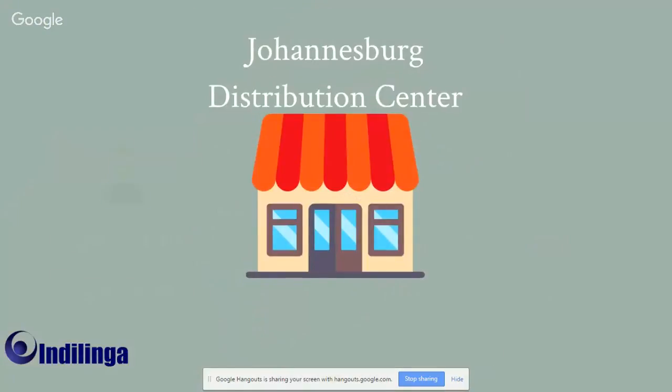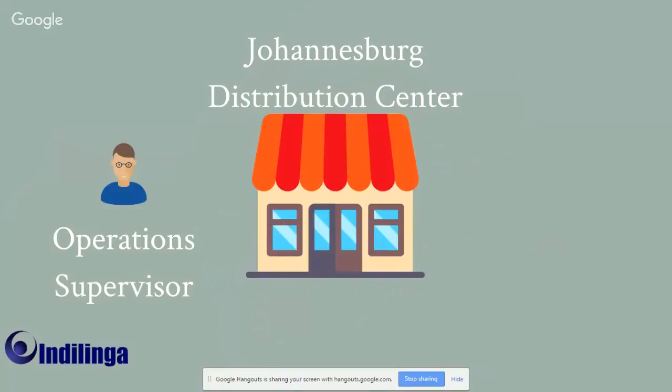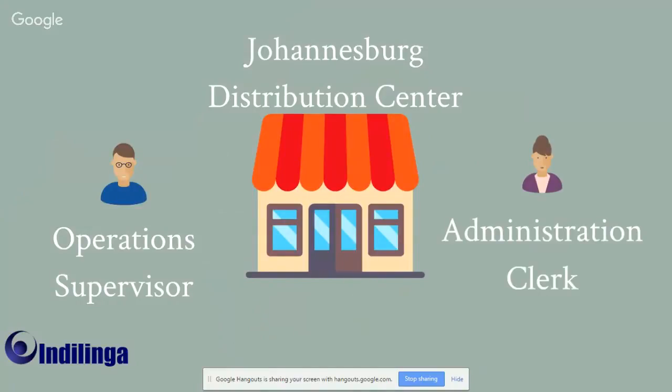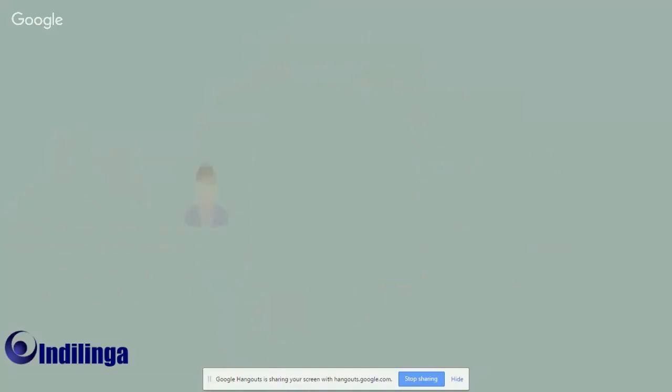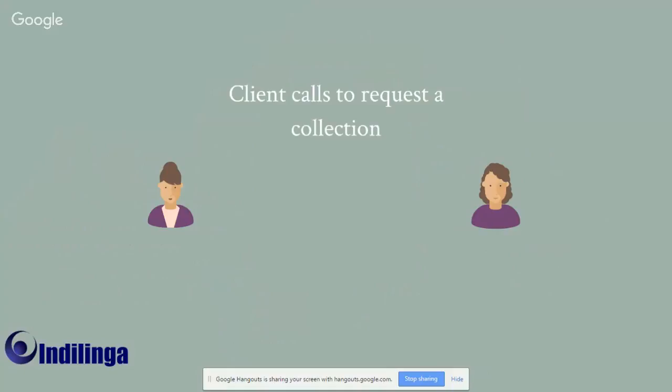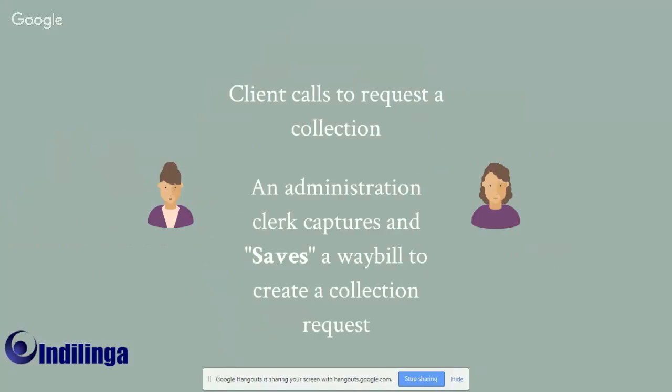In Johannesburg, we would have the operations supervisor and the administration clerk. Now, if the client wants us to collect the cargo, he or she would contact the administration clerk, and the administration clerk will then capture the collection details onto the system.